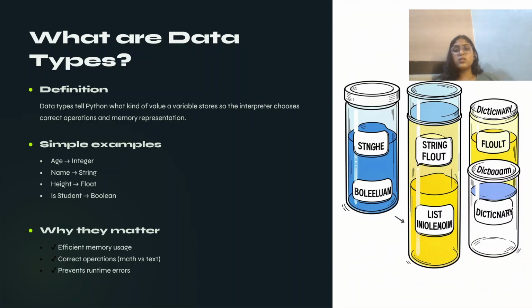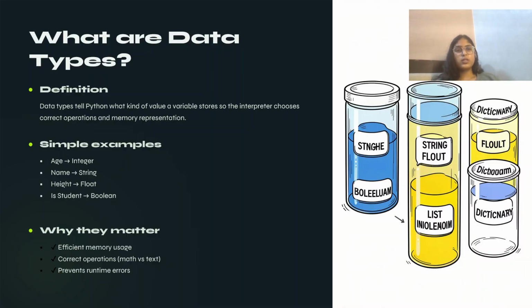So 90% of beginner errors happen because they forget the data types. If you understand today's lecture properly, half of your debugging skills automatically improve. You don't have to again and again check where you made mistakes. You just have to see how it works.